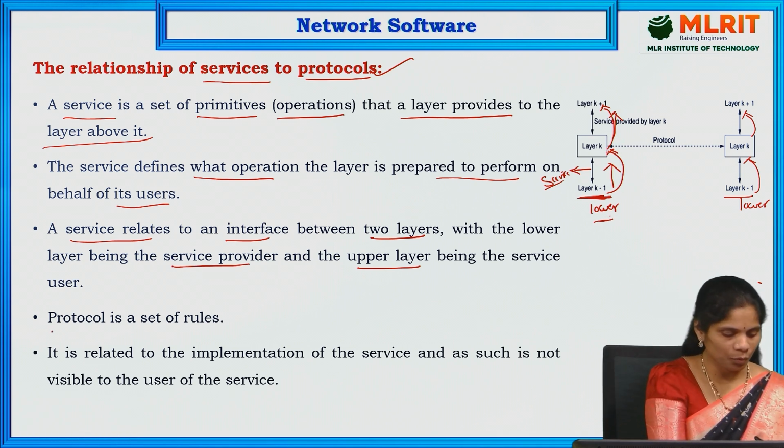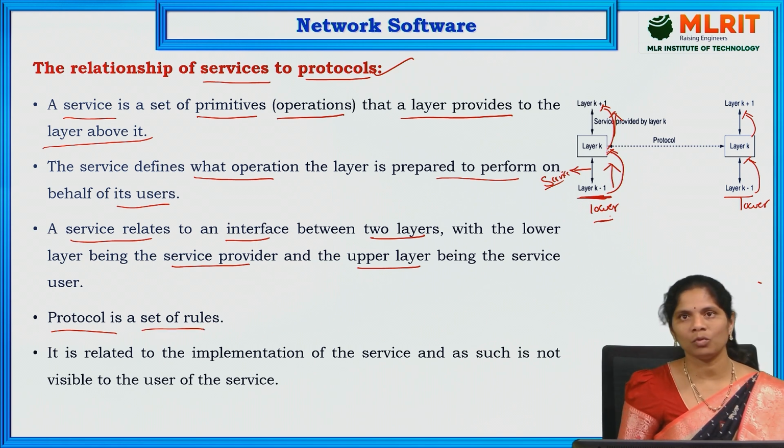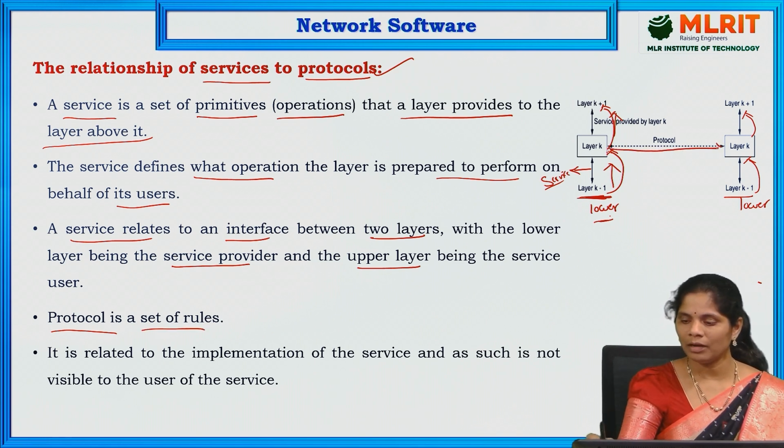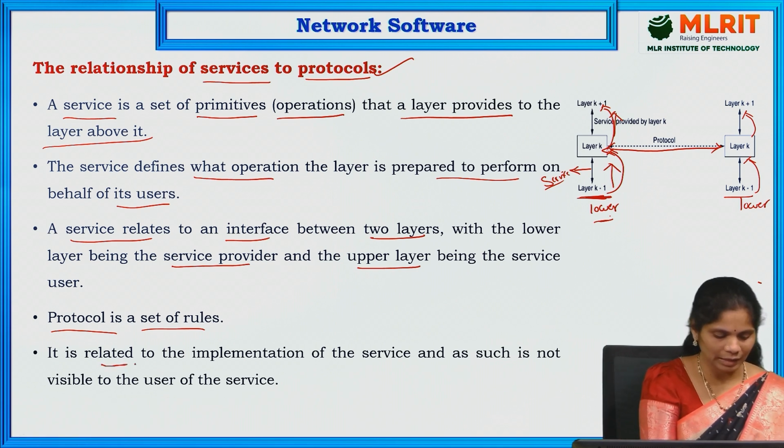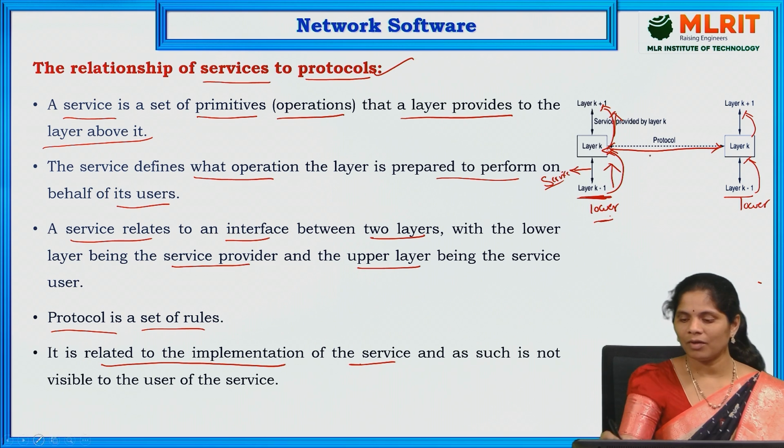And next, protocol. A protocol is a set of rules. Between layer k and layer k, peer to peer, we use protocols, that is, a set of rules. It is related to the implementation of the service. For implementation purposes, we use the protocol.